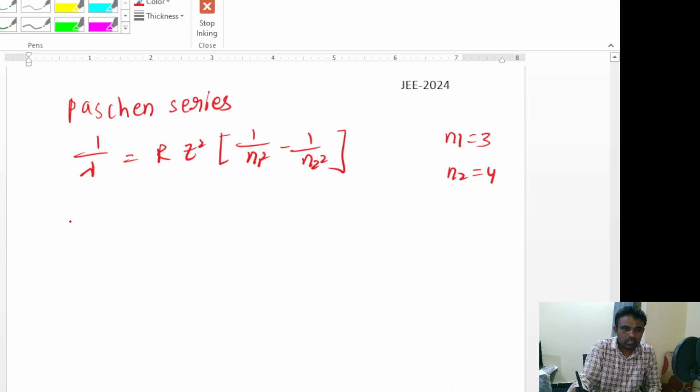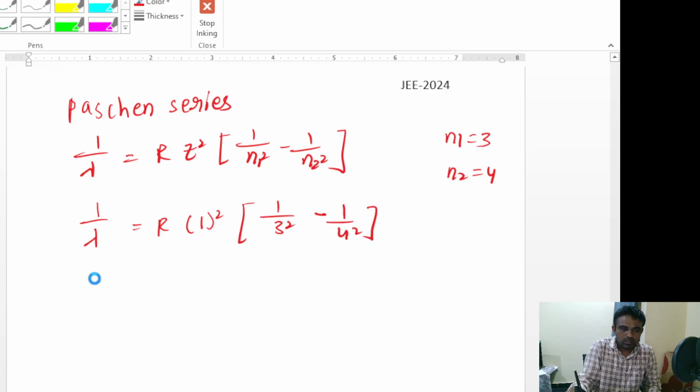So substitute here: 1 by lambda is equal to R into, here Z value for hydrogen is 1, so 1 by 3 square minus 1 by 4 square. So 1 by lambda is equal to R into 1 by 9 minus 1 by 16.